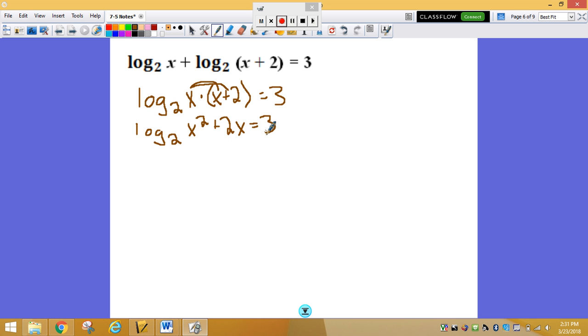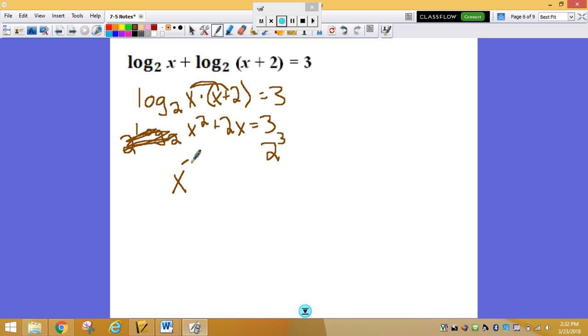equals 3. The way we can get rid of this log is I can do 2 to log base 2. And remember, if you do it on the left side, you do it on the right side. So over here I really have 2 to the third. So 2 raised to the log base 2, those cancel out.